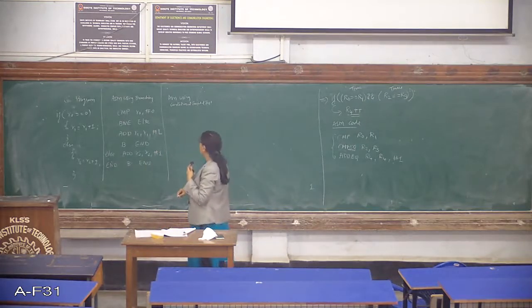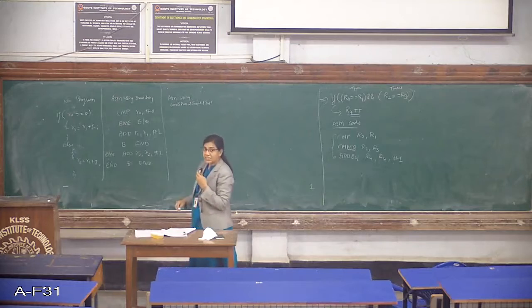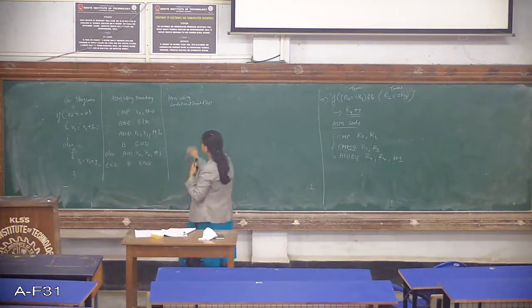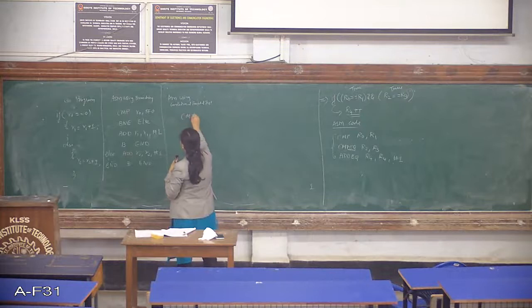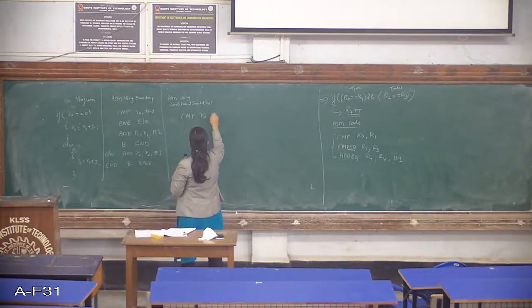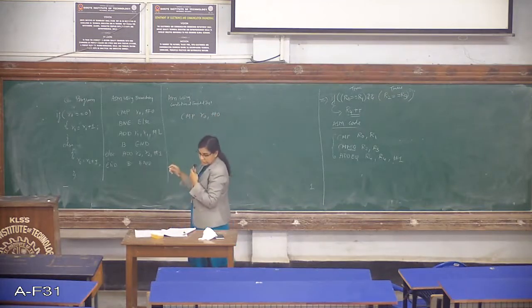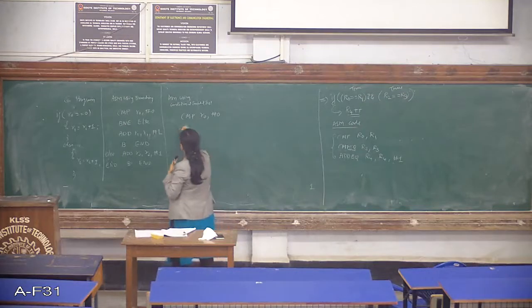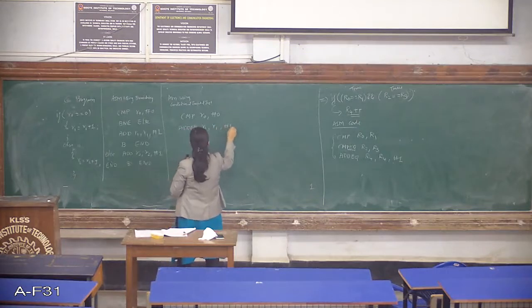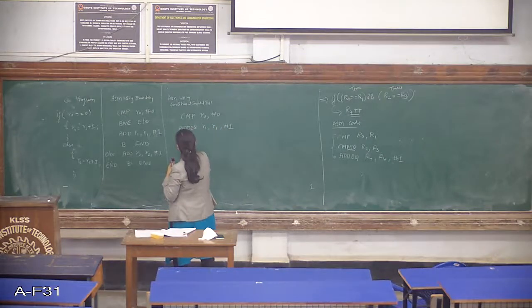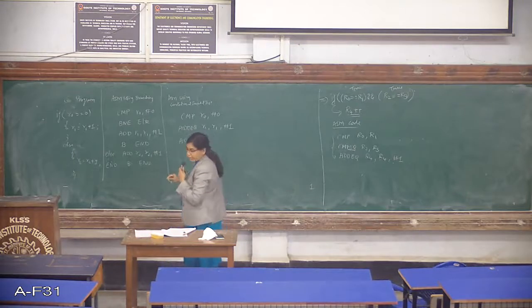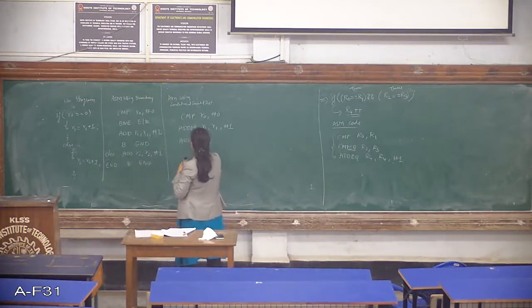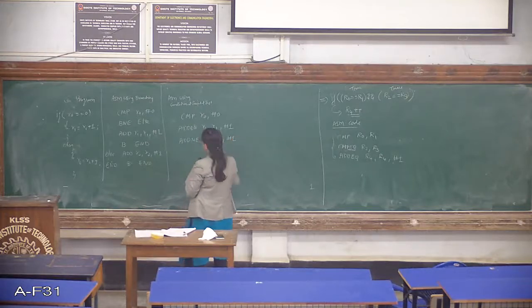The same code I can write using the conditionally executed instructions. We write CMP R0, #0 as the first instruction, then ADDEQ R1, #1, and then ADDNE R2, #1. This is the end.